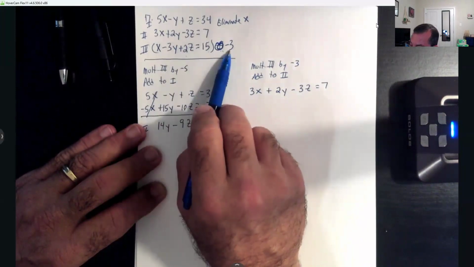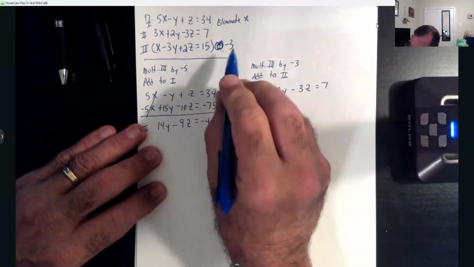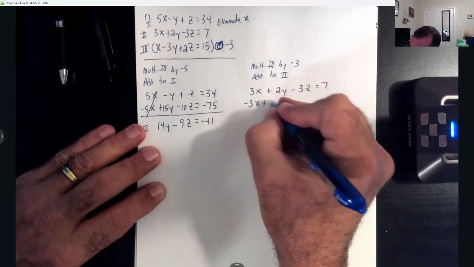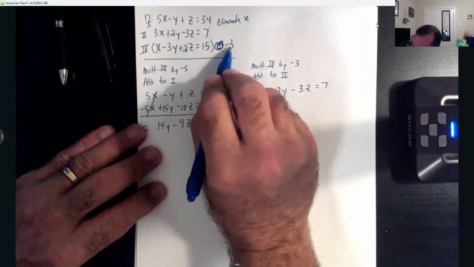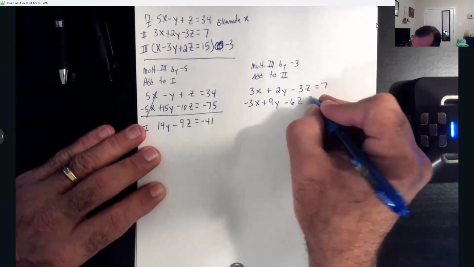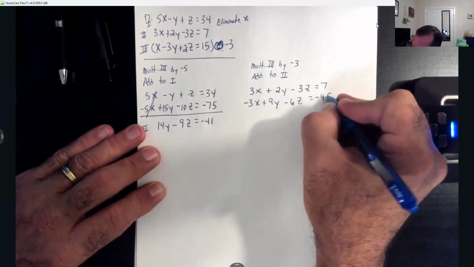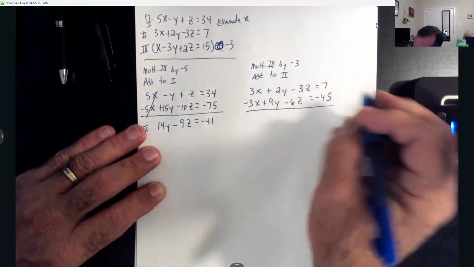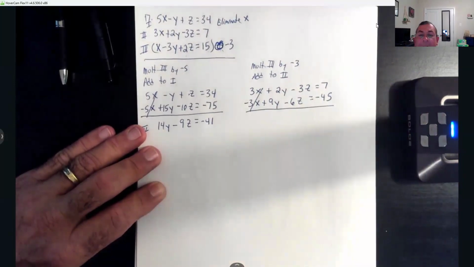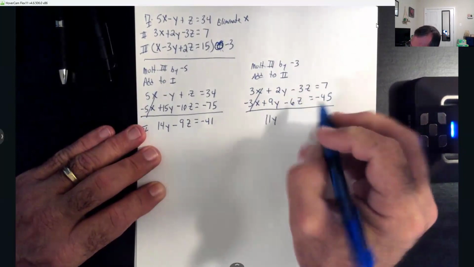This I'm multiplying by negative 3, so negative 3x. Negative 3 times negative 3 gives me a positive 9y. Negative 3 times 2 gives me negative 6z. Negative 3 times 15 is a negative 45. But y'all look at that. X is canceled like I needed. 9 and 2 give me 11y.